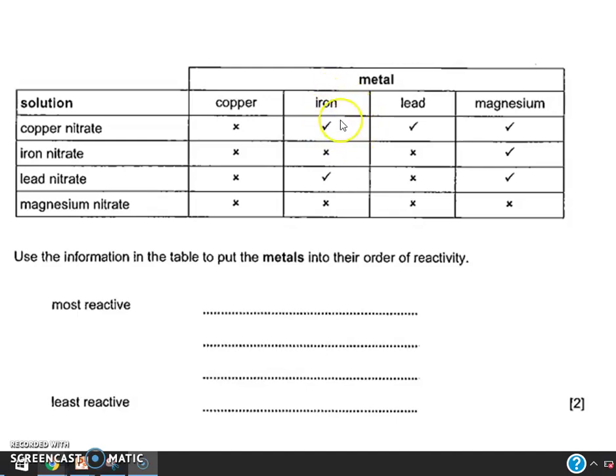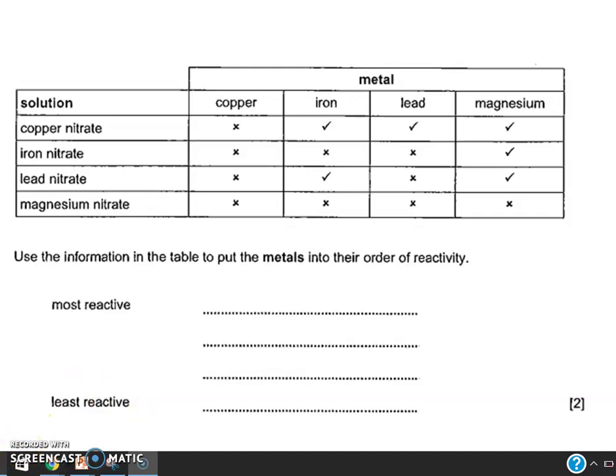This means iron is more reactive than copper and lead. Copper does not displace any of the metals from their compounds because it is less reactive than all the others. Now use the information in the table to put the metals into their order of reactivity, starting from the most reactive to the least reactive.